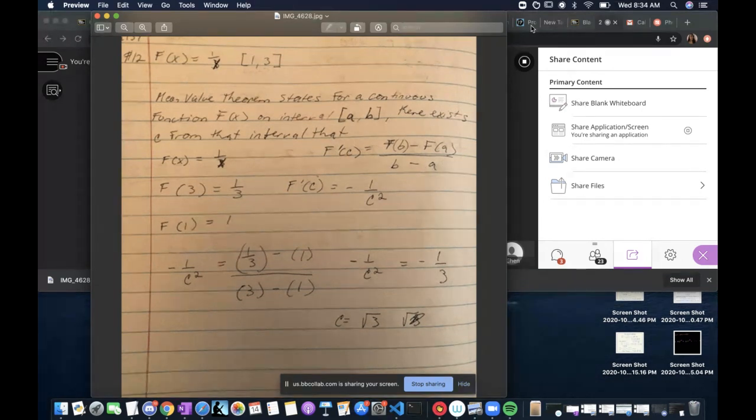I'm trying to understand your question. You see your result is c equals radical 3, right? Yes. So how did you get c equals radical 3 from your previous step, negative 1 over c squared equals negative 1 over 3? You skipped some steps, and I just want you to explain those steps. Okay.